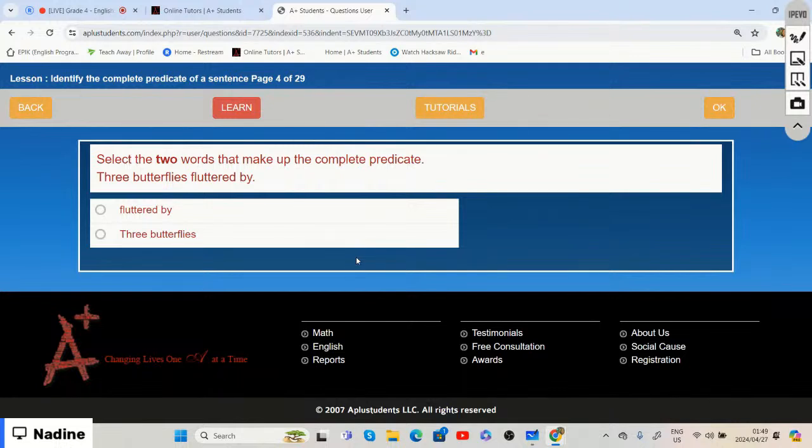If we select the last one, we would say fluttered by. Remember, it's the action that the butterfly is doing. So the butterfly fluttered by.